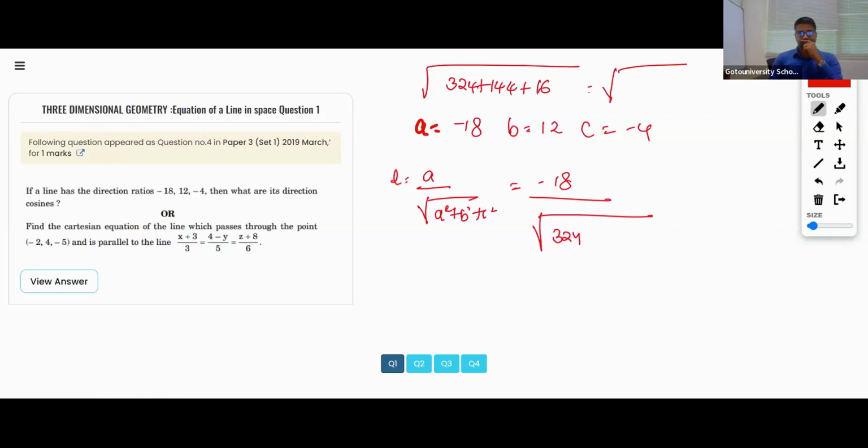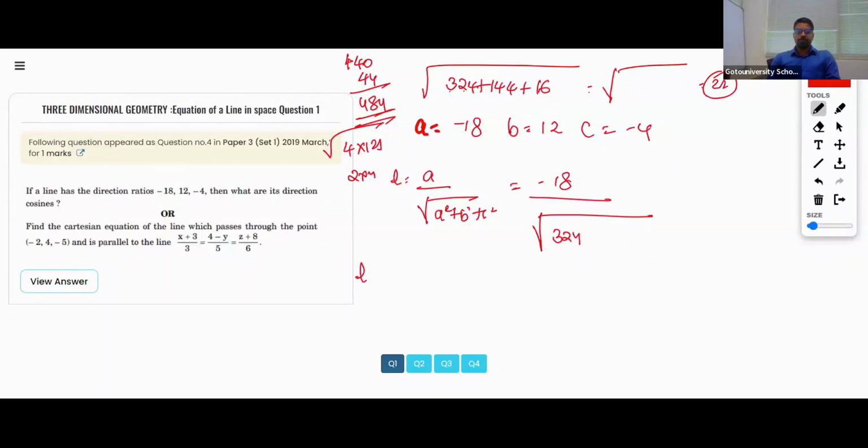What do we get here? 300 plus 100, 400, 440, plus 44, which is actually 484. So 484 is actually 4 into 121. If you take the square root, it is 2 into 11, which is 22. So our denominator is going to be plus or minus 22.